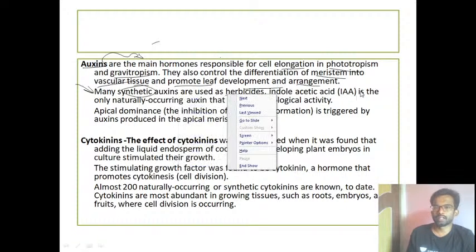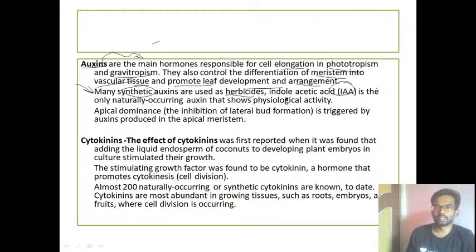Indole acetic acid, that is IAA, is the naturally occurring auxin that shows physiological activity. Apical dominance: see, apical dominance is triggered by auxin produced in the apical meristem.